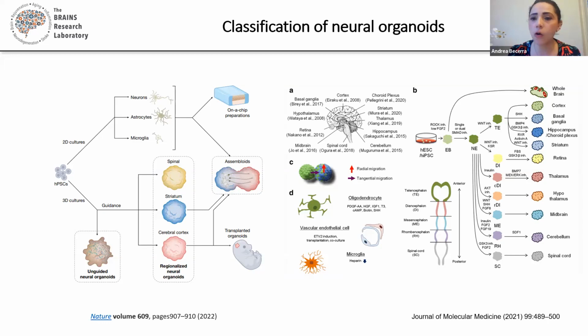Mostly, the cerebral organoid models cover most parts of the brain. Their advantages and disadvantages depend on the kind of model. I will explain later, but mostly it is about variability. When we have unguided organoids, we have more variability in the model than with regional ones.